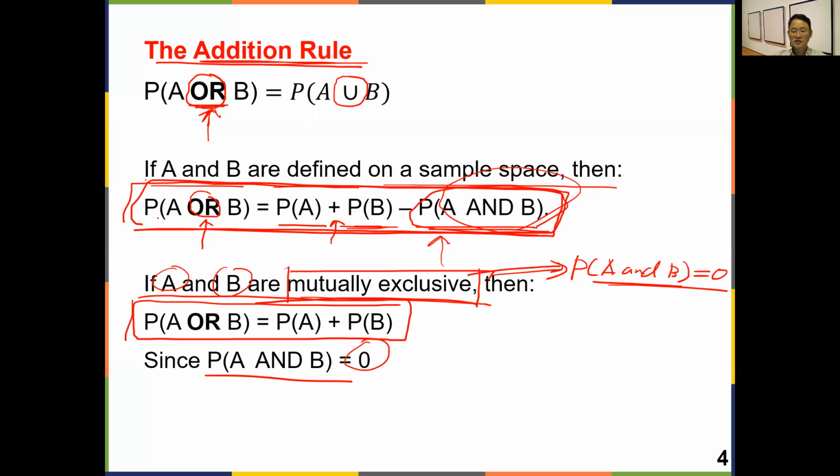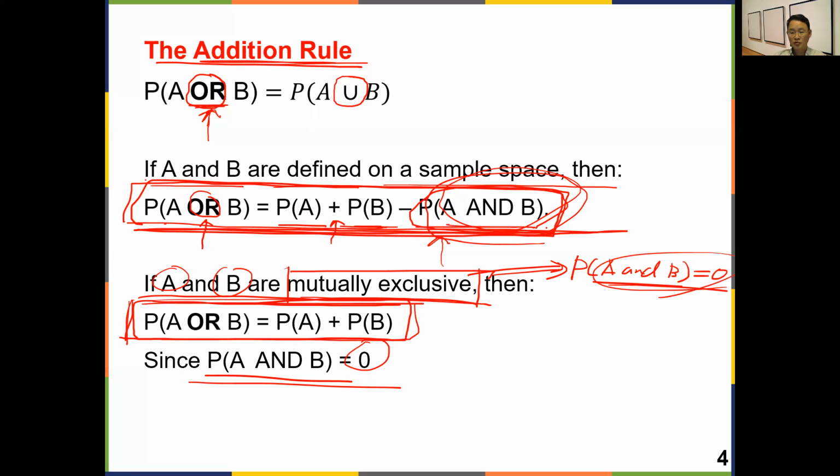So this is the general rule, mutually exclusive or not, that we can use for the probability of A or B. But if it's mutually exclusive, this second part is just going to be 0, so you end up with this slightly shorter formula. And this is the addition rule.